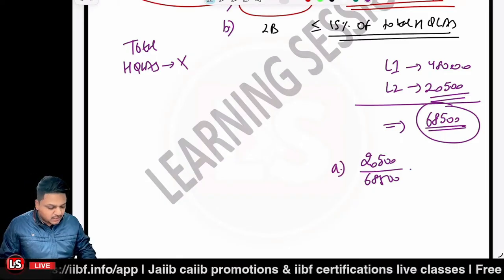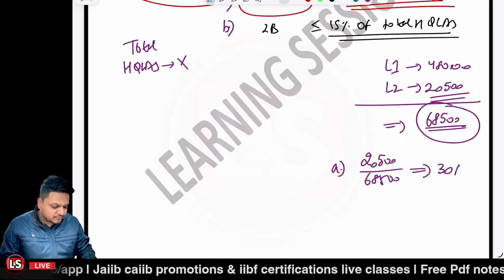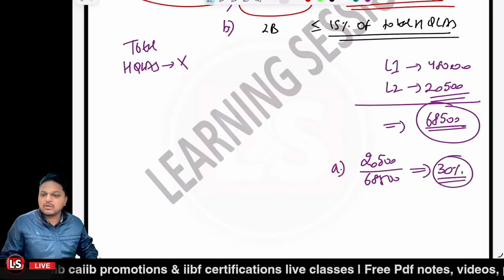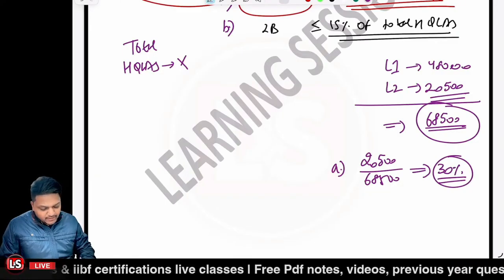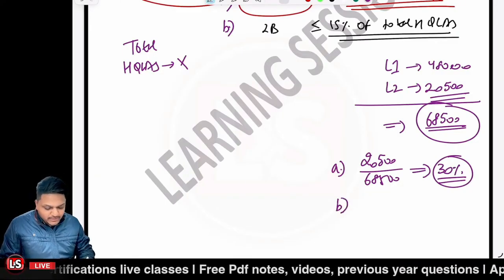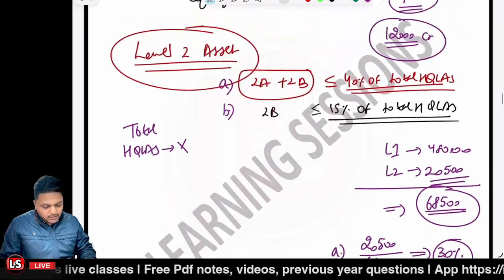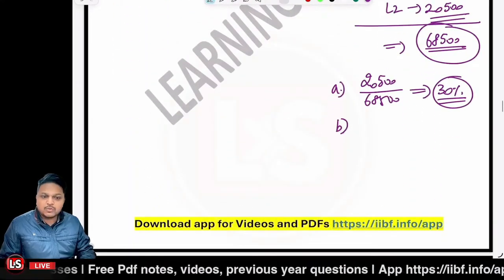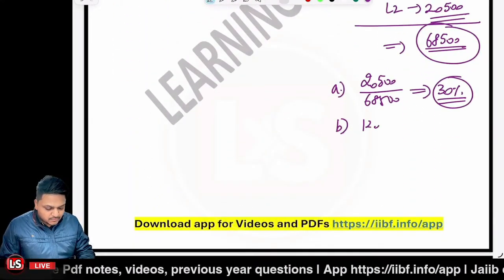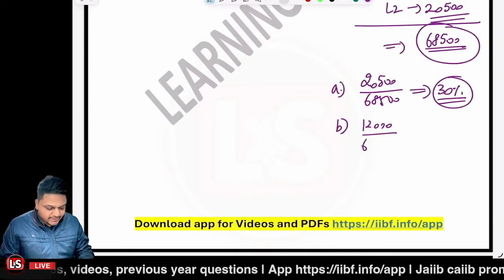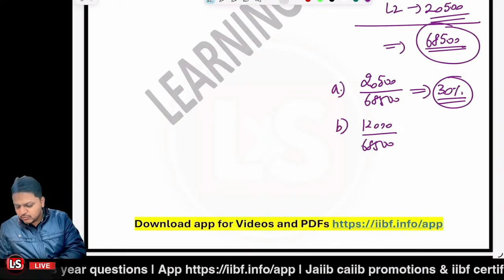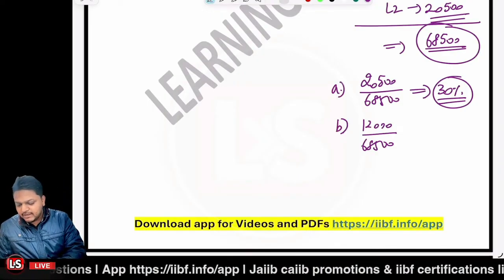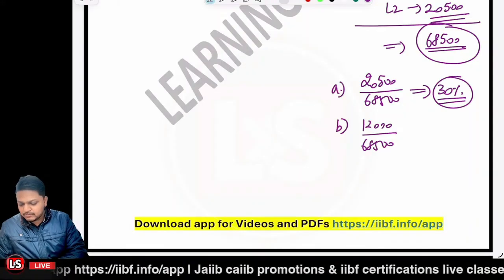So it comes out to be around 30%, right? And if we calculate the second ratio, that is for level 2B assets, which amount to 12,000 crores, it will be 12,000 divided by 68,500.